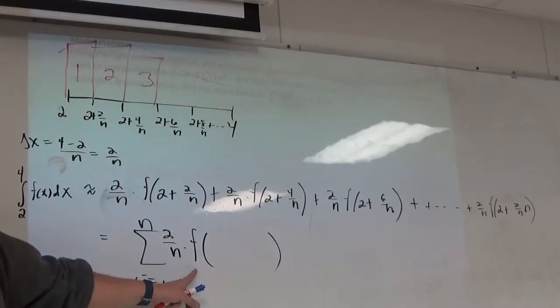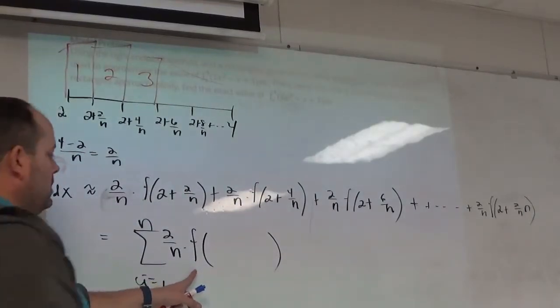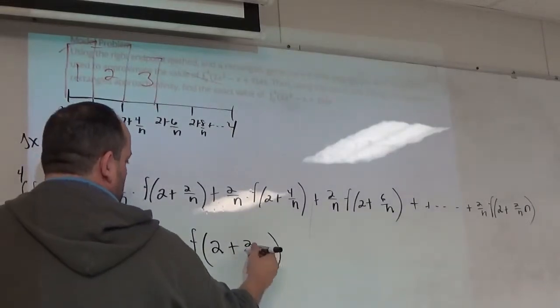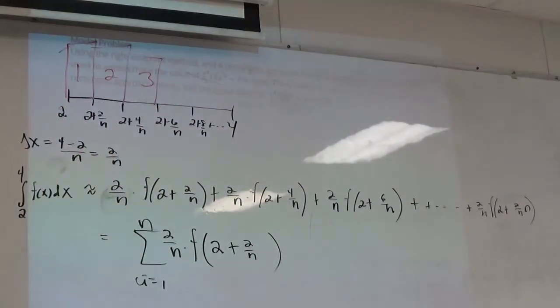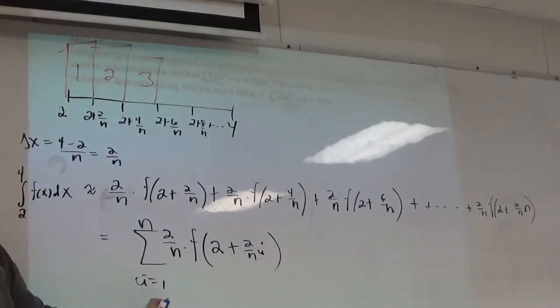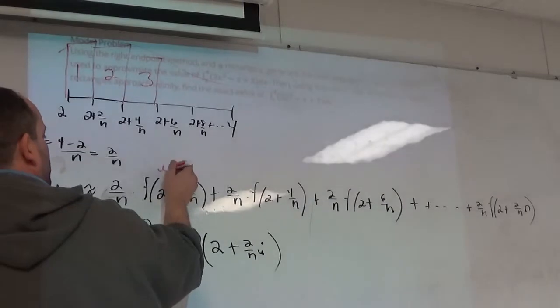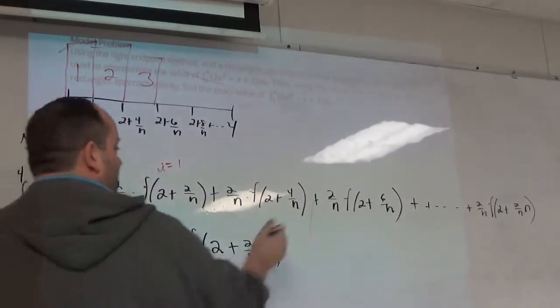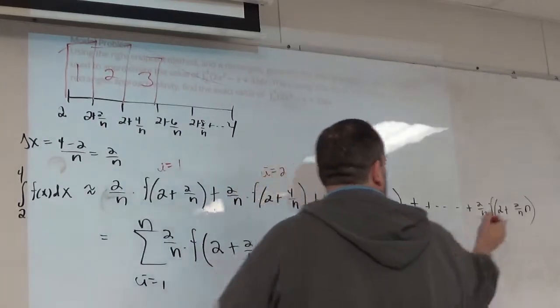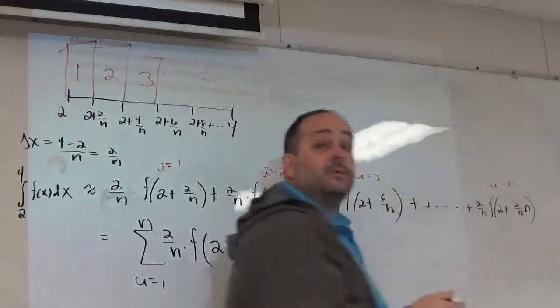Where are you evaluating the function? 2 plus that width. Whatever that width is, don't stop here, times i. It's that change in the counter that says, oh, this is what you get if i is equal to 1. But this is what you get if i is equal to 2. i is equal to 3. i is equal to n.